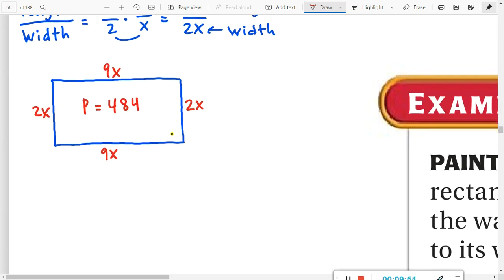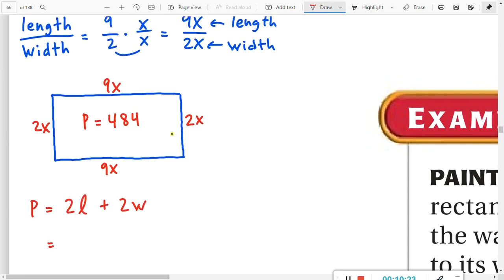The formula for the perimeter of a rectangle is 2 times the base plus 2 times the height, or with length and width, 2 times the length plus 2 times the width. Same thing.